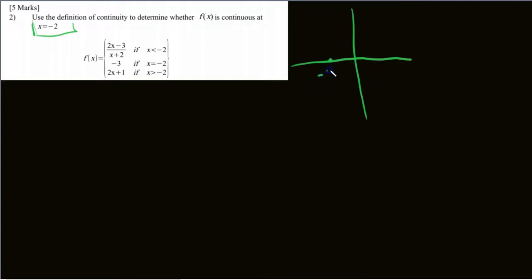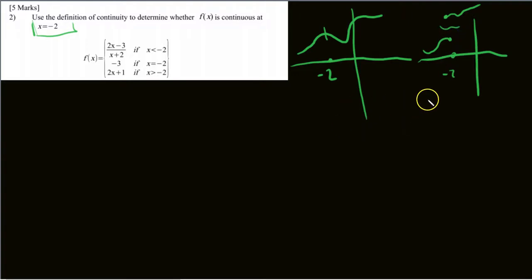If we're trying to find whether the graph is continuous at -2 or if there's a break over here, a break could look something like this: a line coming in from the left that stops at -2 and continues above over here. This is a break.